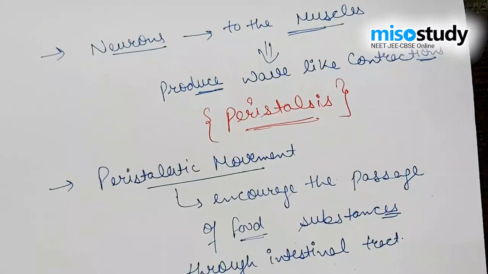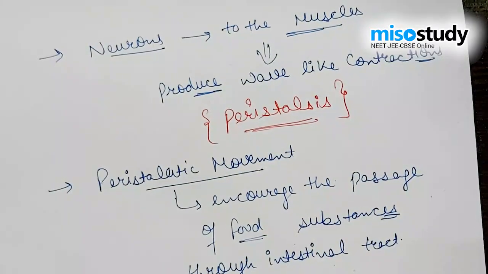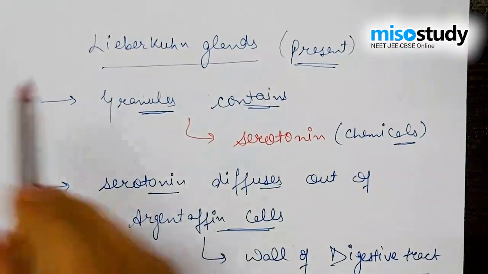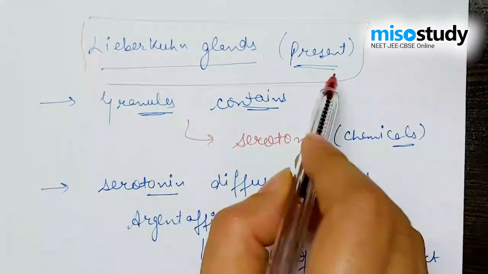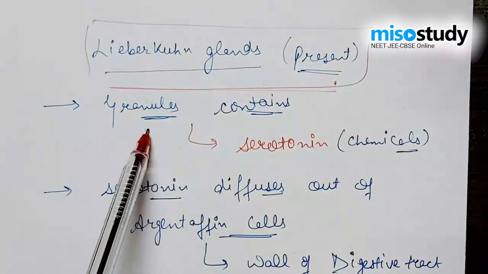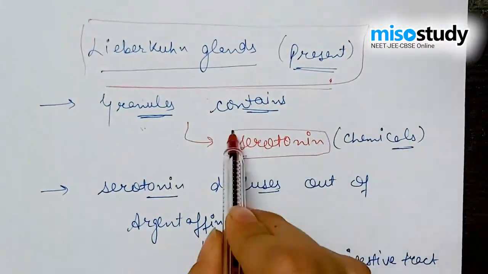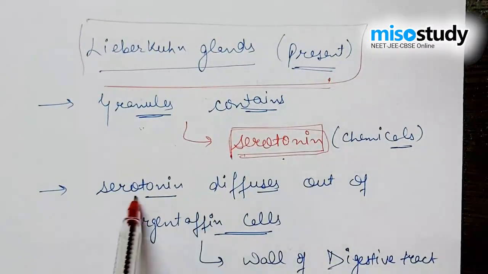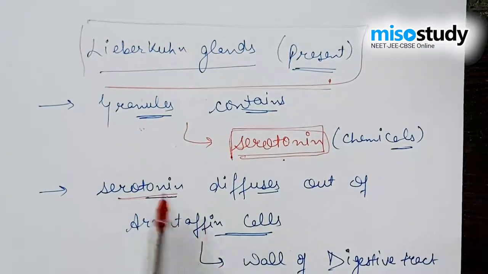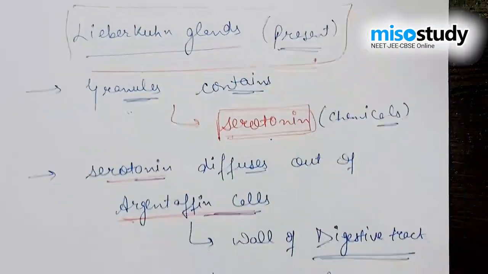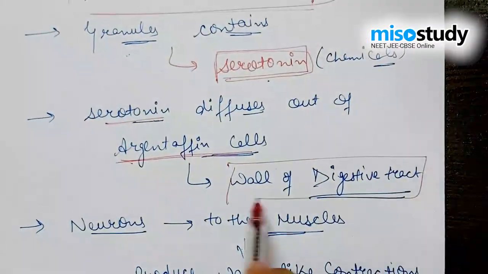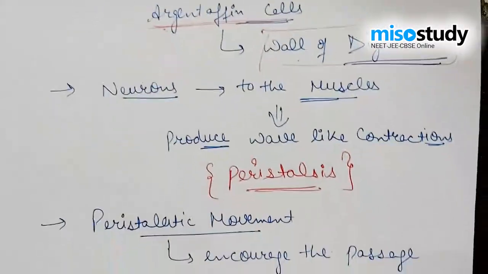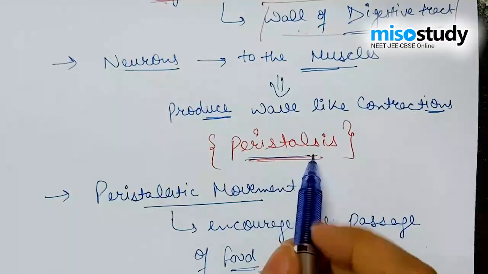Argentaffin cells are present in the Lieberkuhn glands, in which granules are present. These depressions include granules that secrete a peculiar chemical, serotonin. This serotonin acts on the cells present in the walls of the digestive tract and helps the movement of food through peristalsis.